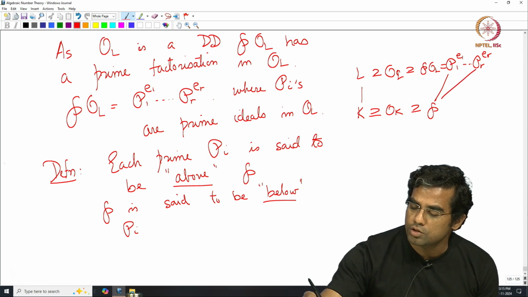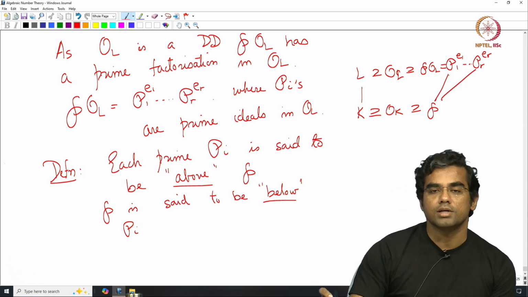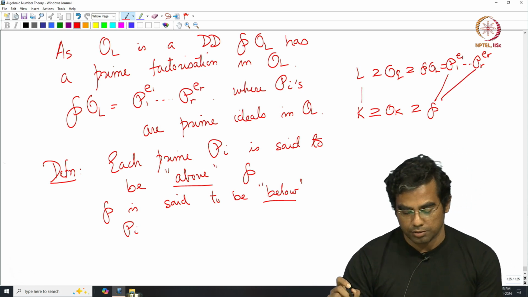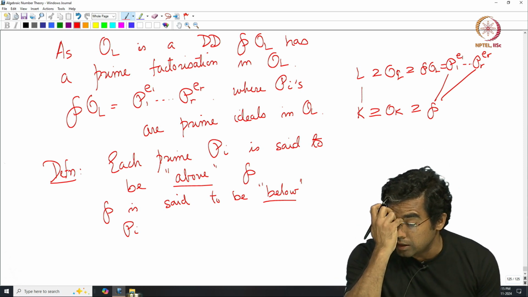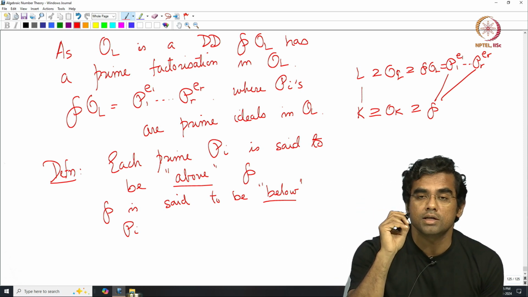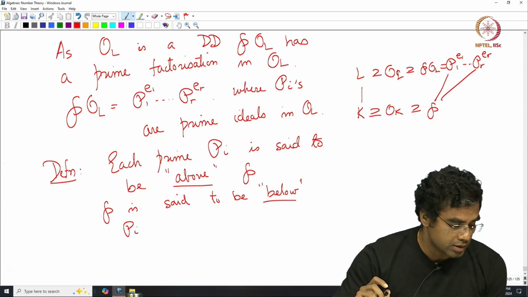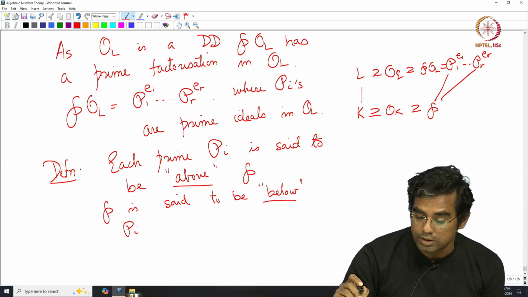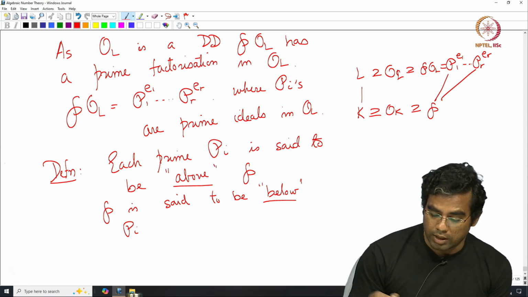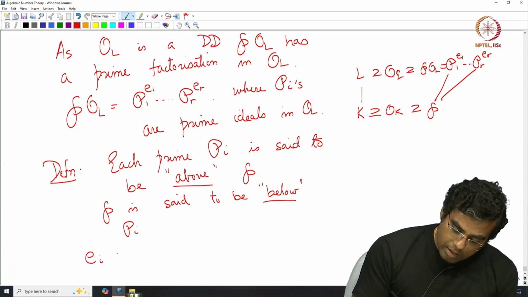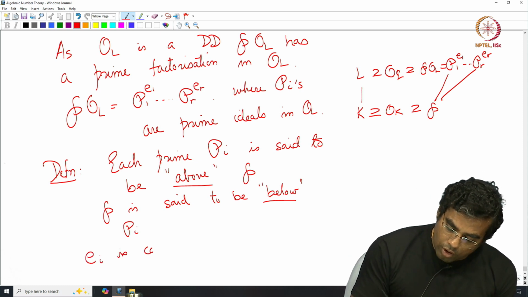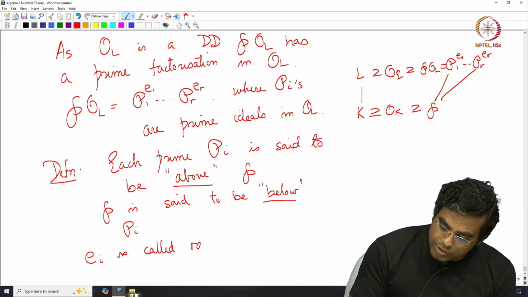And so, each of these P_i is above small p. Later on I will prove that P_i intersected with O_K is exactly small p, and so it will make more sense I think this way, but I can give the definition right away. Okay. E_i is called the ramification index.